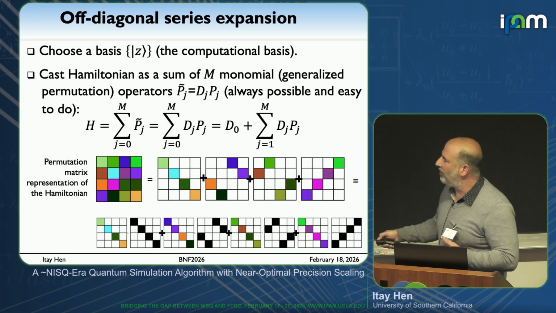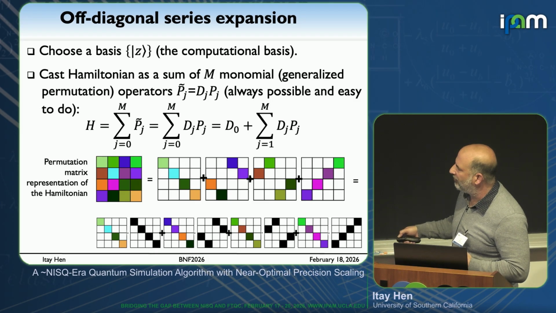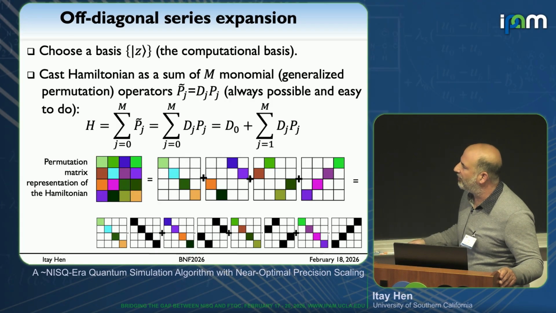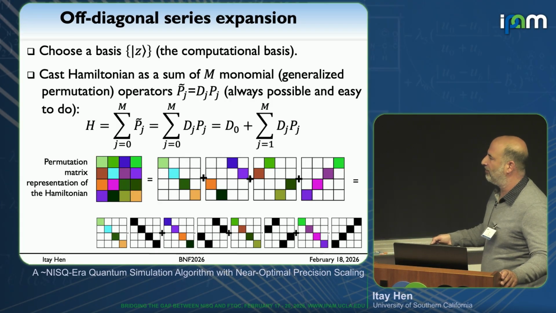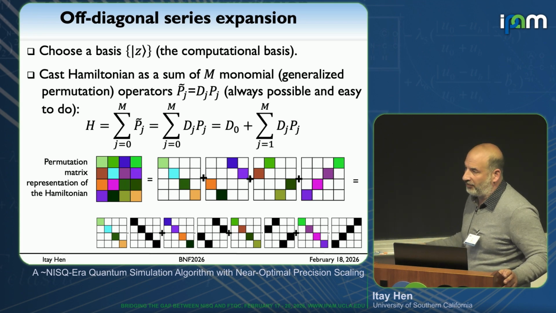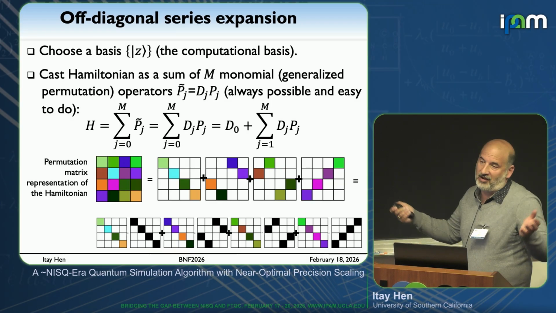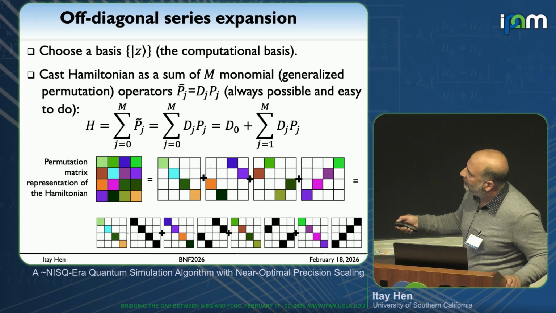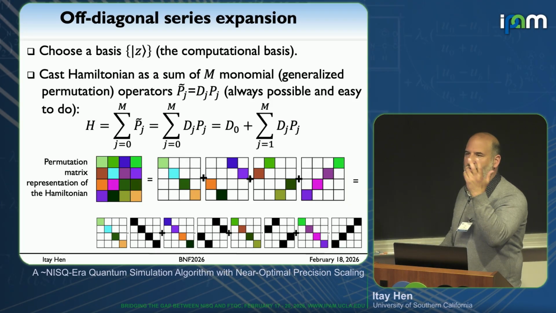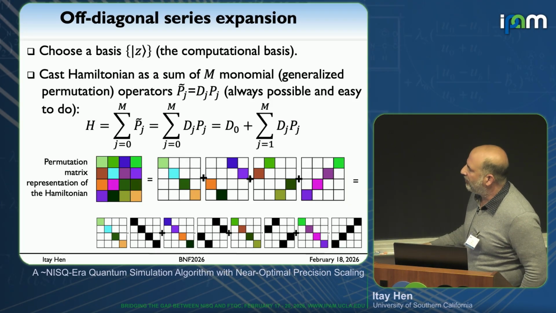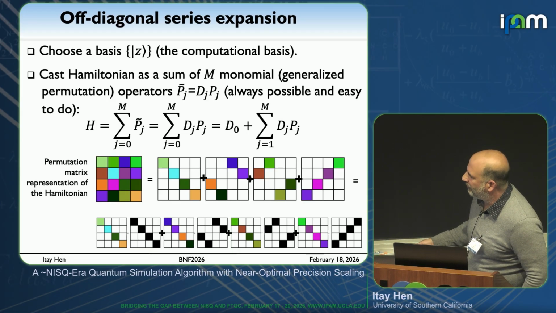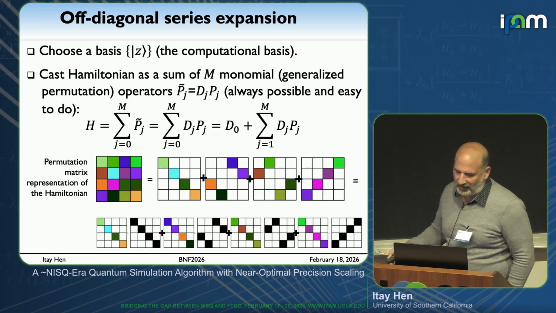What they do when they act on a computational basis state is just permute it, times a constant maybe. That's why they are called generalized permutations. But you can think of them as diagonals times actual permutations. Diagonals are just diagonal matrices in this basis, times a permutation, an operator that just permutes the basis states, so it's just ones and zeros. One of them will always be the identity, that's the trivial permutation. Others will be other things. I'll give you more examples.